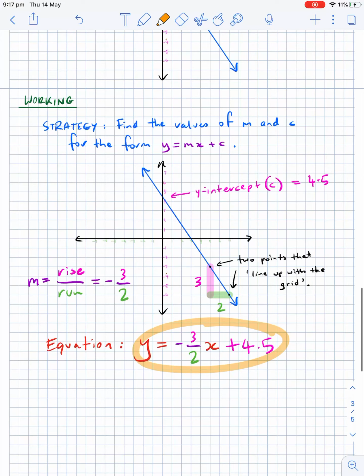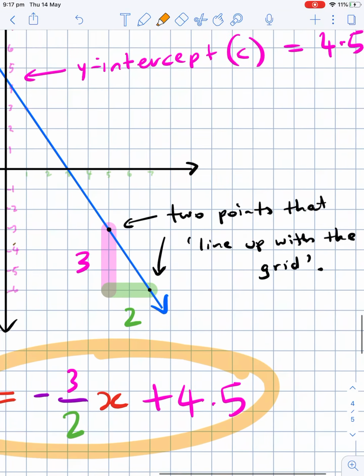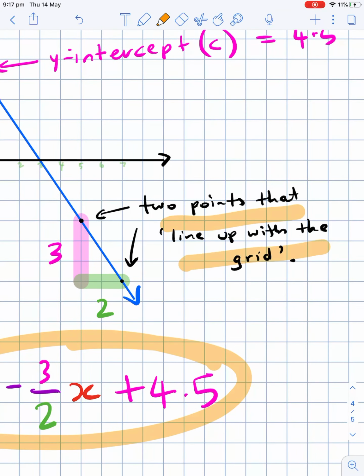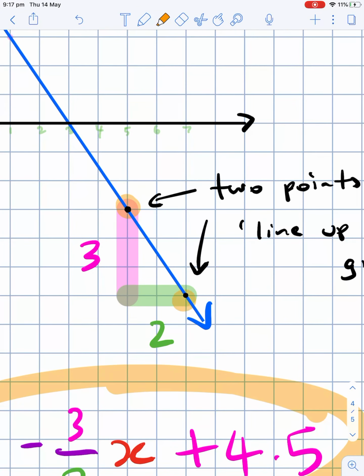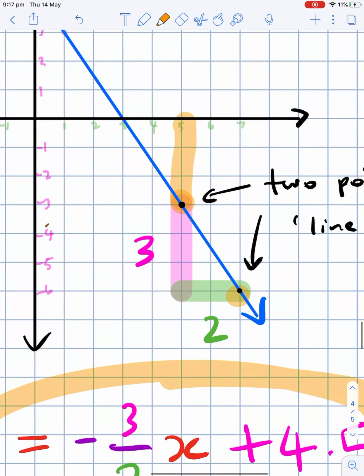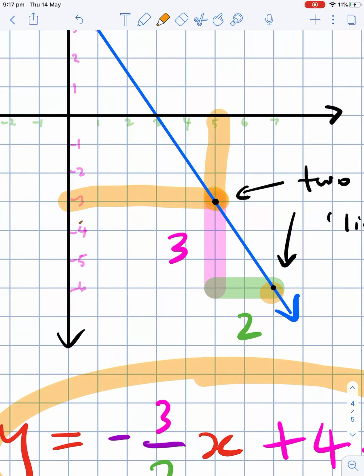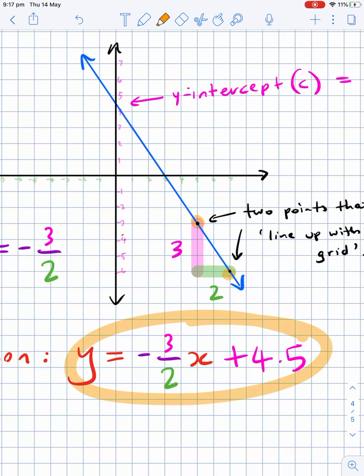And we can pick 2 points that line up with the grid to make our triangle for our gradient. So I've picked that point right there and that point right there because they line up really nicely with these numbers. So we're able to figure out what our gradient is really easily. I've made a triangle with these 2 points to see the rise and run.